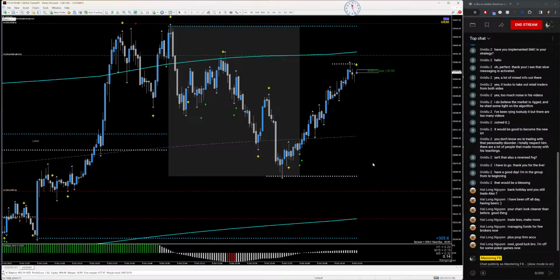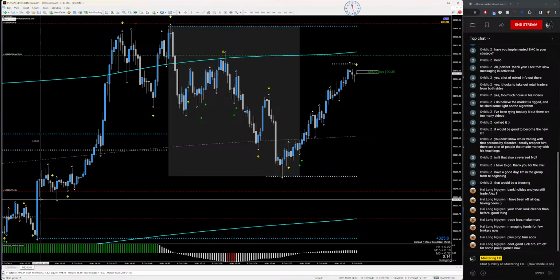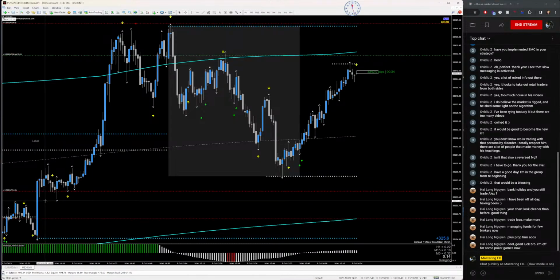We're not out of risk-free yet, even though we came fairly close to the first TP, which actually coincides with all those lows here. And we do have a fair value gap untouched right underneath here.